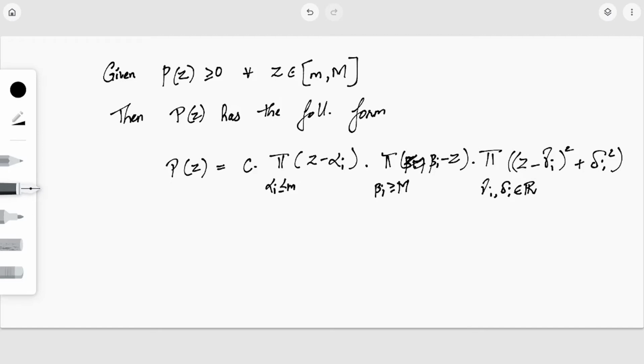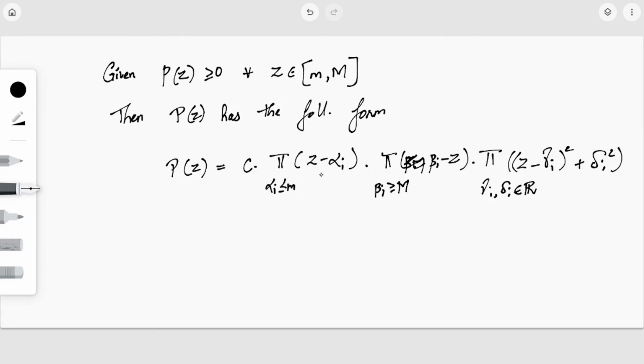We are choosing just that p of z is a polynomial, right? The only condition is that it is non-negative for z belonging to m comma M. So any polynomial can be factorized into the corresponding roots. So I have a constant c, and this is the general form: the product of z minus alpha i, where alpha i is less than or equal to m, and beta i minus z, where beta i is greater than or equal to M, and all other quadratic factors.